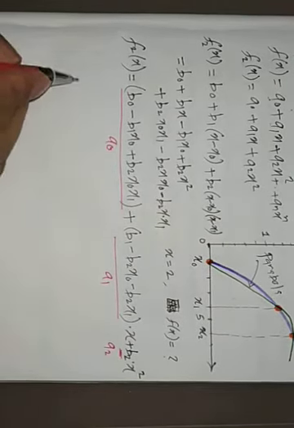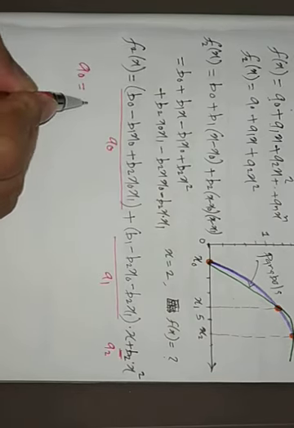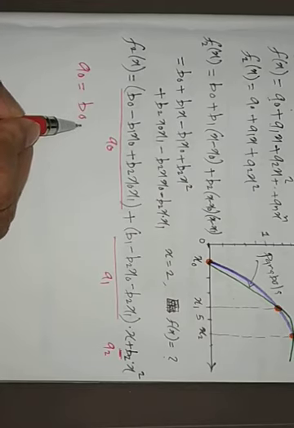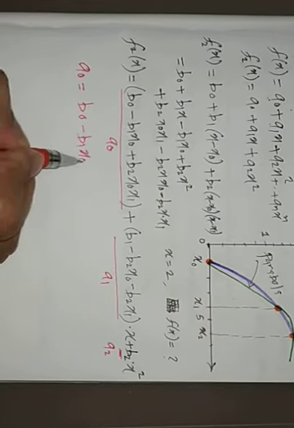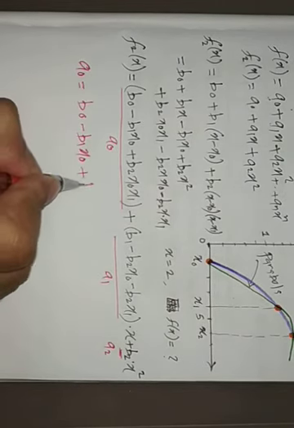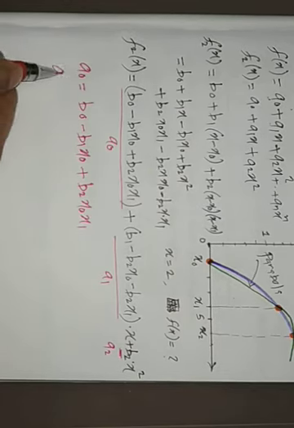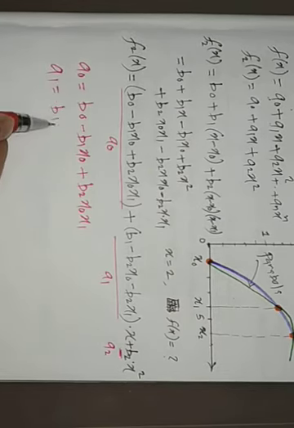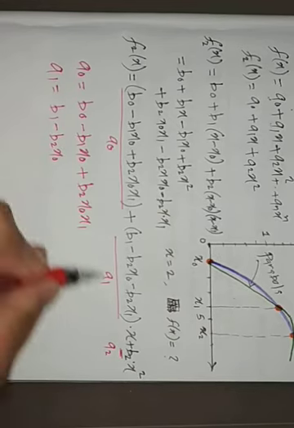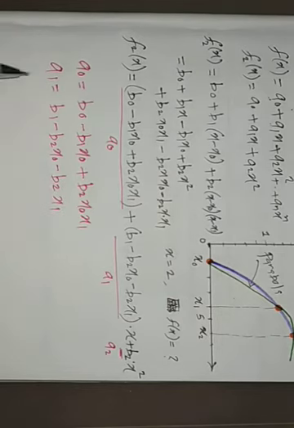Okay, so here we can write a0 is equal to b0 minus b1x0 plus b2x0x1. a1 is equal to b1 minus b2x0 minus b2x1, and a2 is equal to b2.